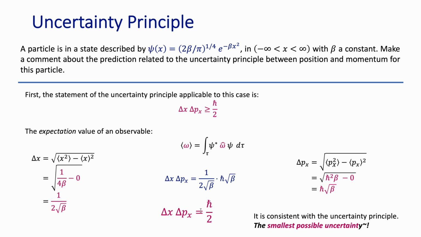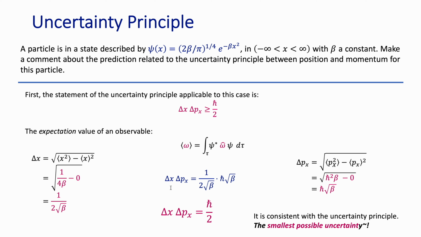And we just notice in particular that this result is exactly the smallest possible uncertainty that we can have. Remember that the uncertainties between the two are bound by this value. They can always be larger, but never lower. The lower bound is always when this relationship equals h bar over 2, and this is exactly what we have in this particular case. In summary, what we did is, given a wave function that describes the state of a particle, we calculated different expectation values for the momentum and the position, and we put them together in order to calculate the standard deviations of those observables, position and momentum.